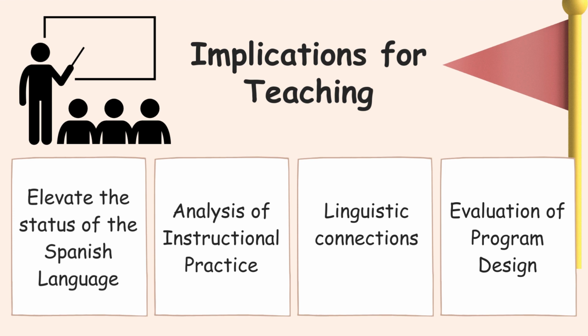Because if there's a classroom where there's a dual language group of students, but then outside it's all English, nothing's in Spanish, then what message are we sending? So the context needs to be conducive to biliteracy, and the status of the Spanish language needs to be taken into consideration.